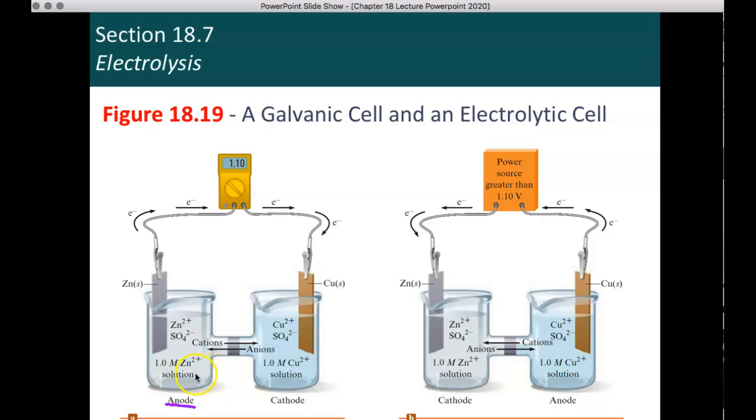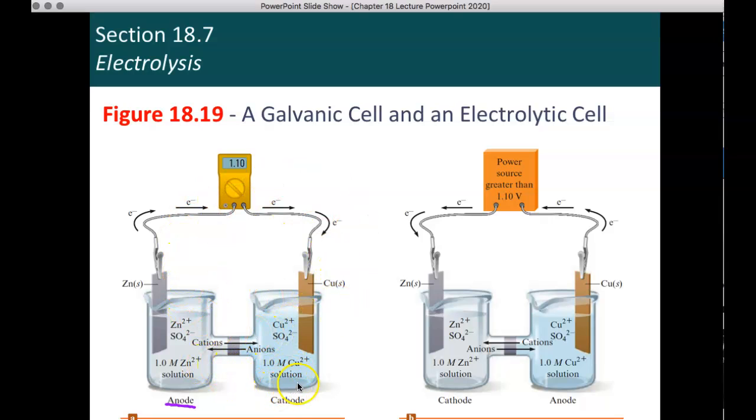But this is the anode. This is where oxidation takes place. So zinc is going to go to zinc 2 plus and 2 electrons. And then at the cathode, copper 2 plus is going to form copper because it will be adding 2 electrons. This is a spontaneous cell, the way that it's written.